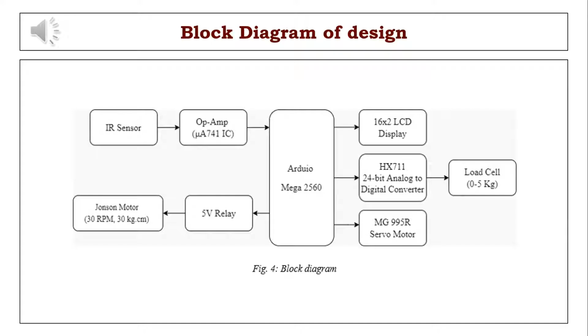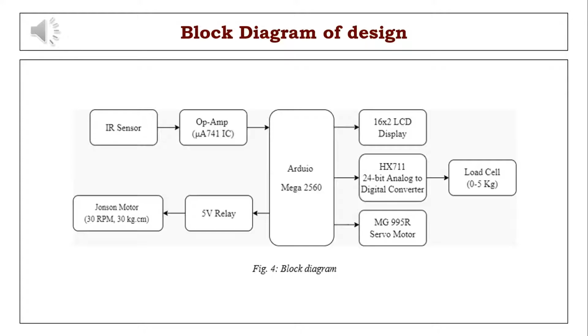The various elements shown in the block diagram work as follows. Arduino Mega is the processing and control unit. IR sensor detects the incoming box on the main conveyor. Load cell measures the weight of the loaded box.